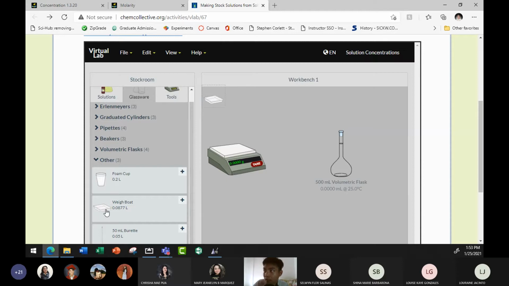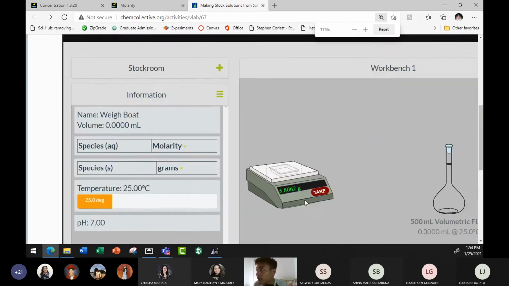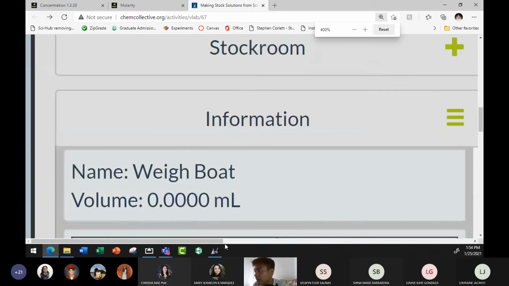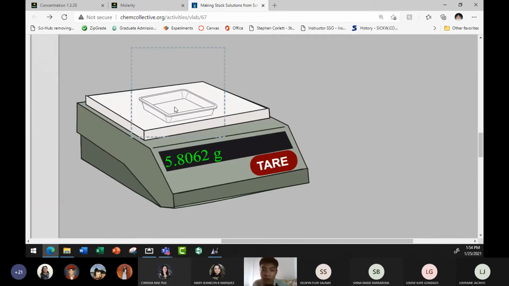So ito yung weigh boat, diyan namin nilalagay yung solutes. Pwede rin naman papel. Ifo-fold mo lang siya. So, pagkalagay mo ng weigh boat dyan, tignan nyo, may reading yan, di ba? Zoom in natin. Ayan, may reading yung weigh boat.